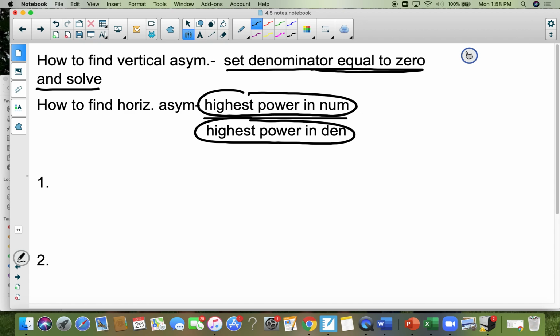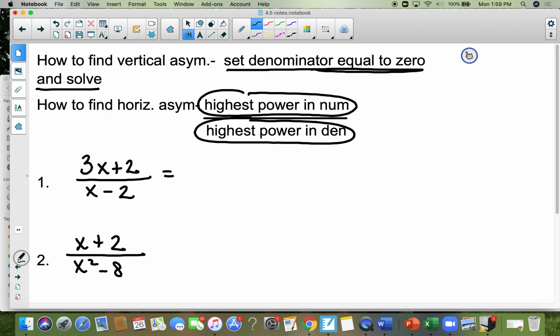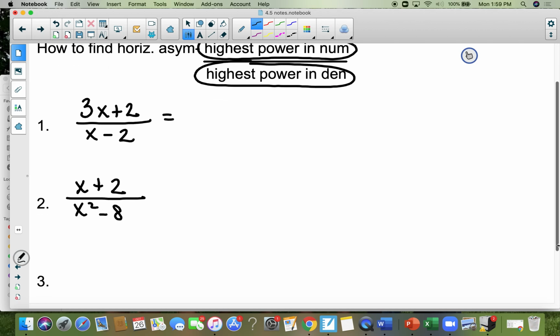There's going to be 3 scenarios. 3x plus 2 divided by x minus 2. X plus 2 divided by x squared minus 8. Or x squared minus 3 over x plus 1.